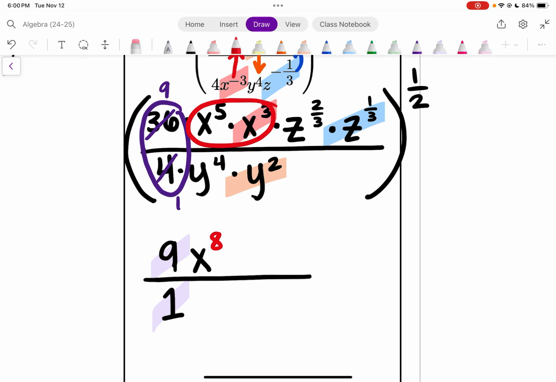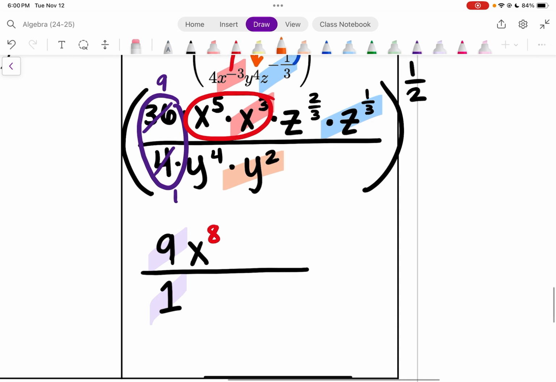All right. Now, I see that I have z's. So I'm going to take my z's, and I can add those together because same base, add those exponents. And lucky for us, they have the same denominator. So now I have z, adding those exponents, which is 3 over 3.